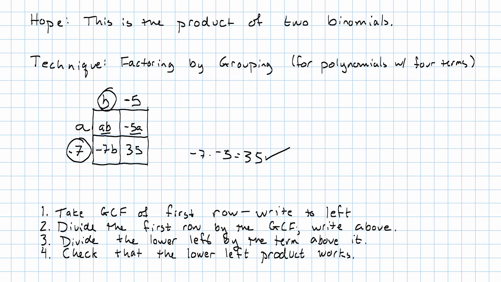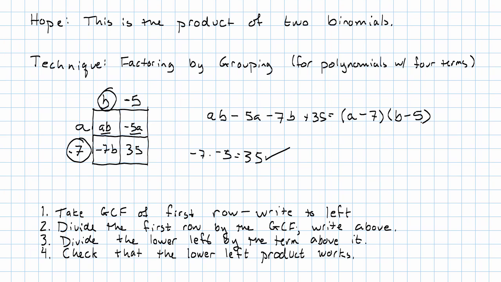Our original polynomial, ab minus 5a minus 7b plus 35, that's what we get when we multiply a minus 7 times b minus 5. Now, I really like using the area model for the grouping method because it makes the signs really easy to keep track of.